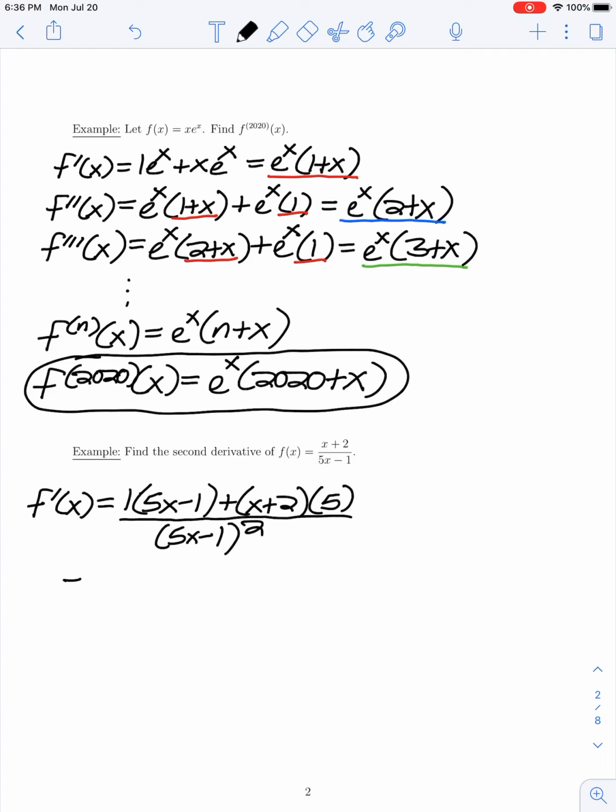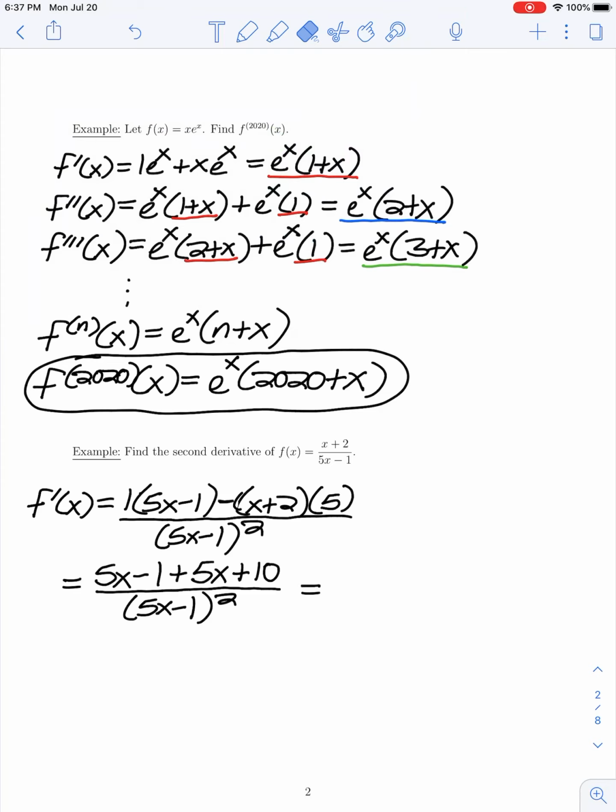So simplifying a little bit, if we distribute through the numerator, we have 5x minus 1 plus 5x plus 10 all over 5x minus 1 squared. And let's see, I've got an incorrect sign here. For our numerator, we're subtracting that second value for the quotient rule.